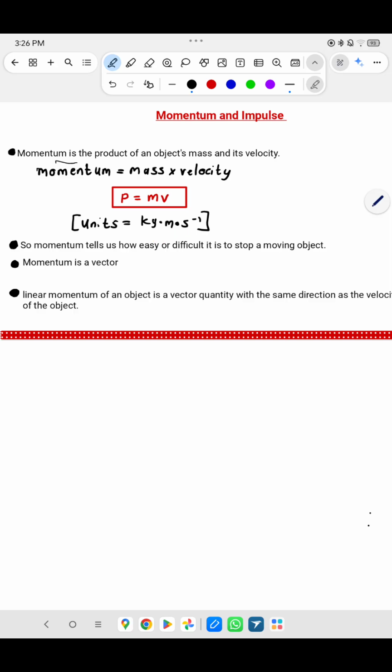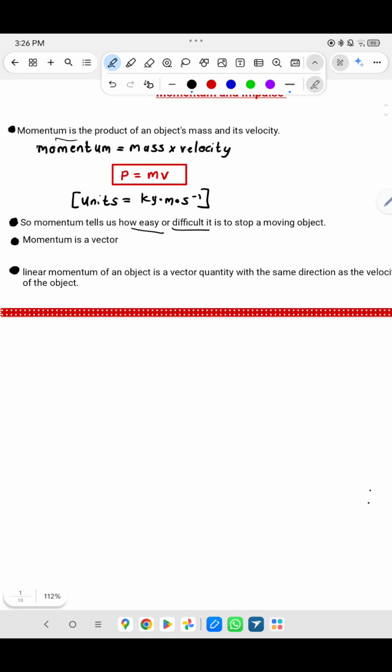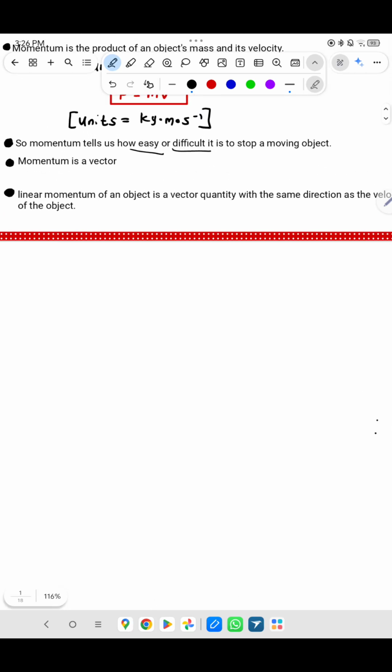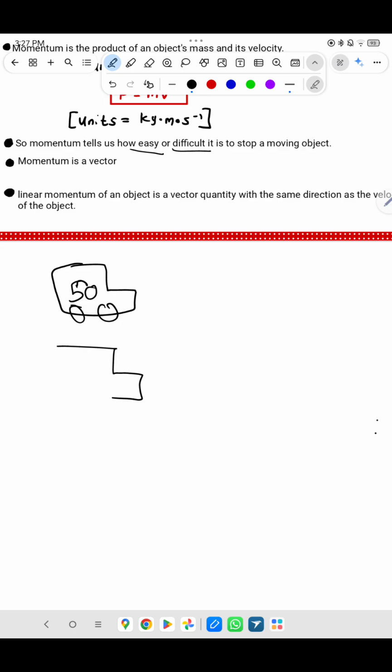Momentum actually tells you how easy or difficult it is to stop a moving object. For example, I can say an object is moving at a momentum of maybe 50 kilogram meters per second, and another car is moving at a momentum of 30 kilogram meters per second.